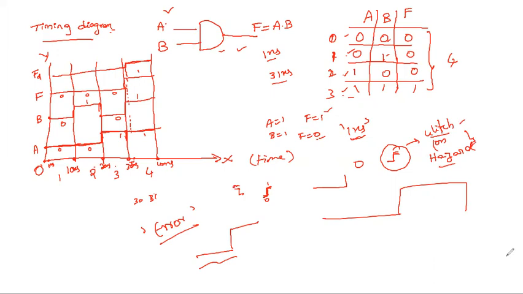These hazards are classified into two types: static hazard and dynamic hazard. In a static hazard, the waveform starting and ending value is the same.